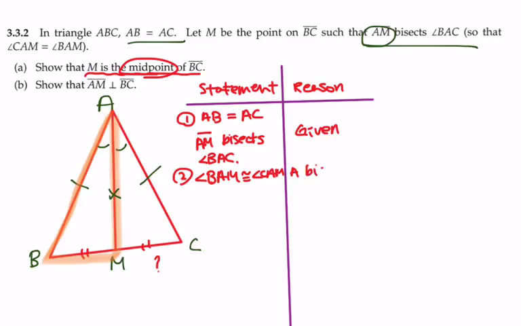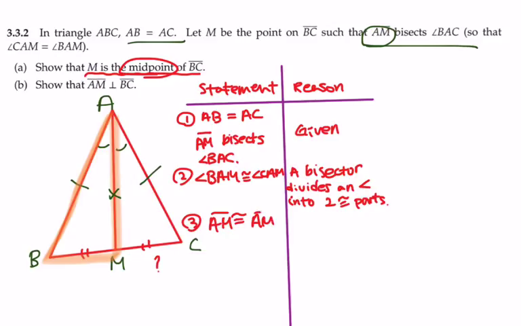Because a bisector cuts an angle or line segment, either one, into two equal parts. So that's exactly what we're doing here. All right. Now, the second thing we get to realize is the line segment AM is equal to itself, so by the reflexive property. All right, that's what we end up getting.